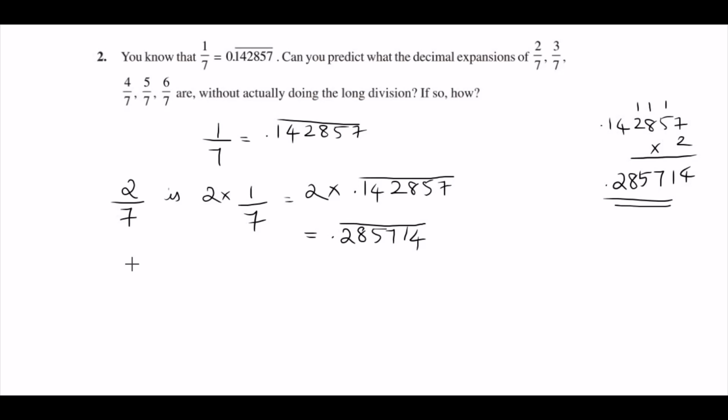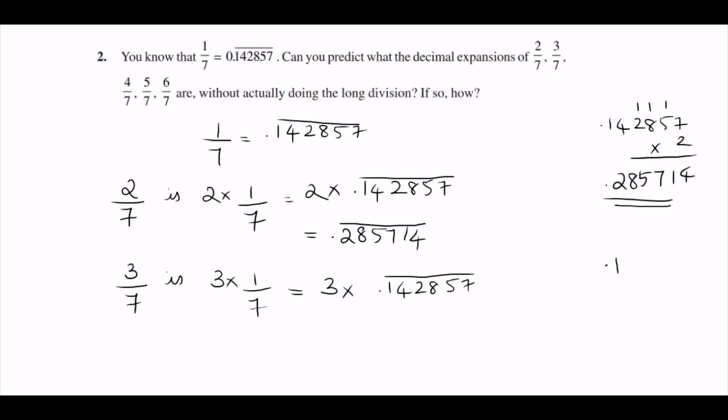And in a similar way, if you want to find 3 by 7, 3 by 7 is 3 into 1 by 7. So you do 3 into 0.142857 bar.